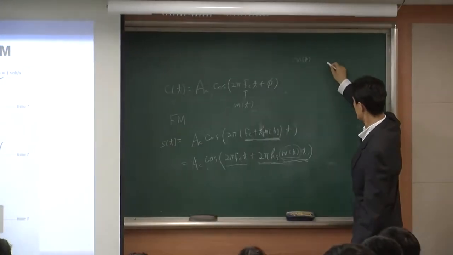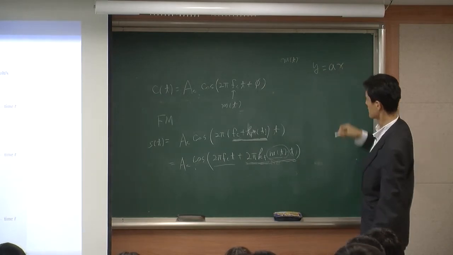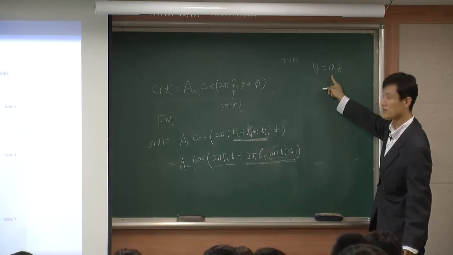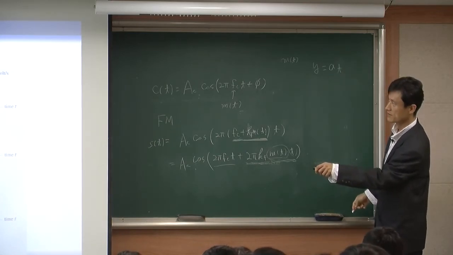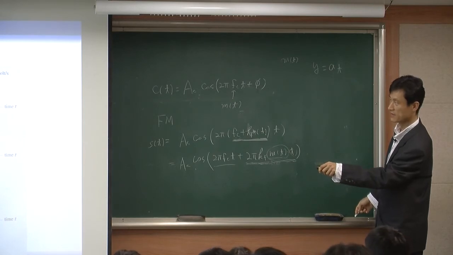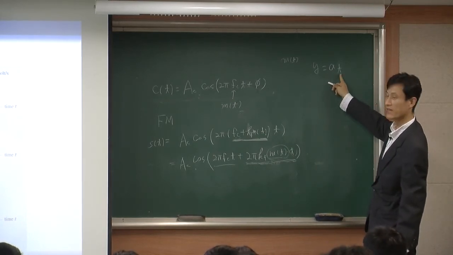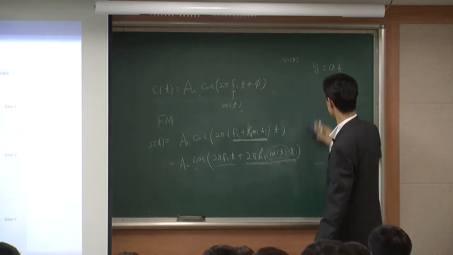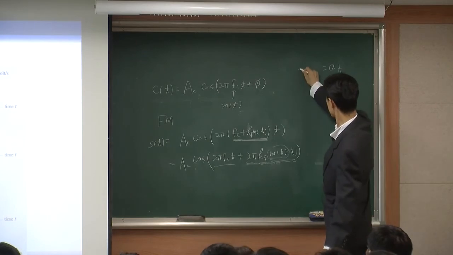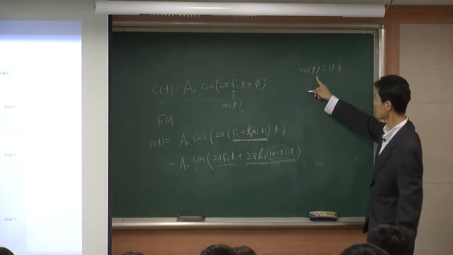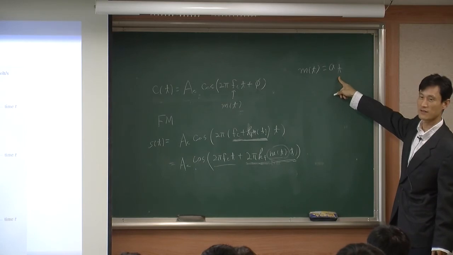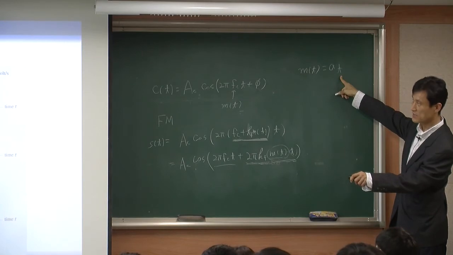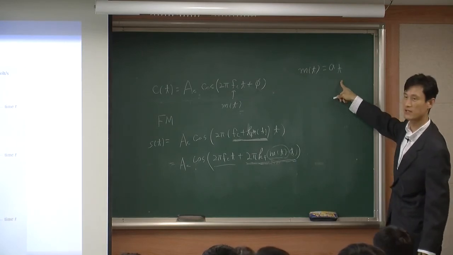Then, as we know, the linear equation is like y equal to a t. And y, in this case, I can write as m(t). So m(t) equals a t, because our message is a linear curve and the slope is a.